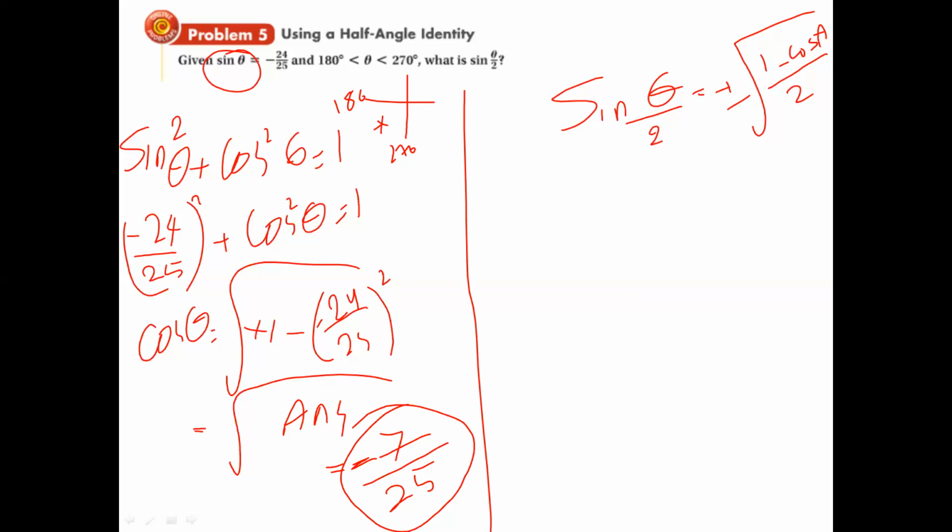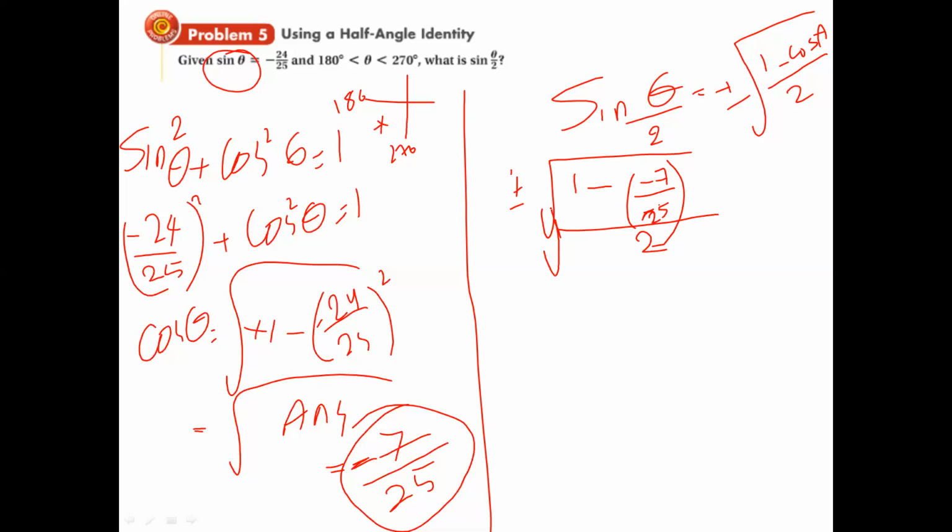It is positive or negative square root of 1 minus cosine, which is negative 7 over 25, over 2. Here the square root is included afterwards. So it is 1 plus 7 over 25, which is 25 plus 7.